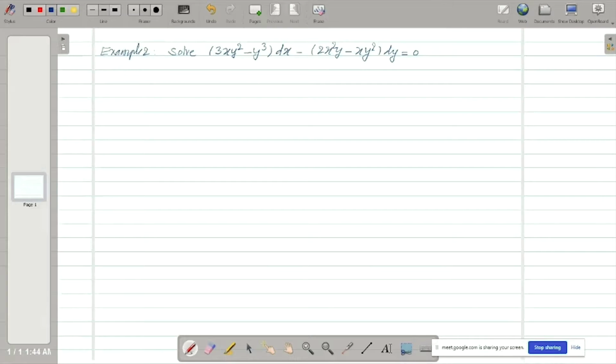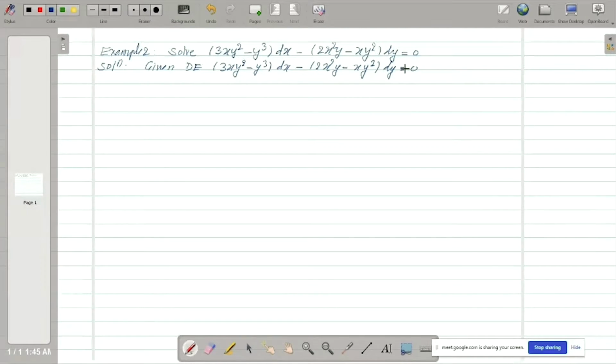So solution, how to find the solution of this differential equation? First of all, we should write the given differential equation as it is, that is (3xy² − y³) dx − (2x²y − xy²) dy = 0.